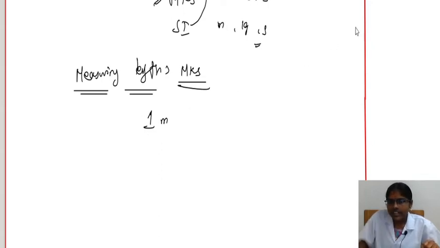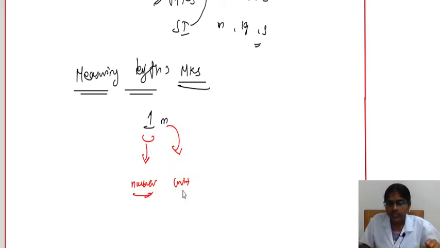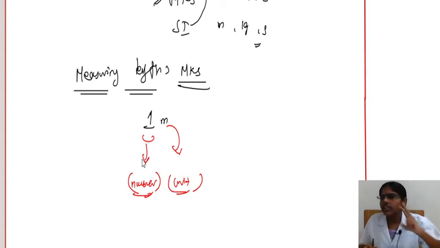What are they? A number and then a unit. We have already studied these things in the beginning of this chapter, units and measurement. Every measurement consists of two parts: one is the number, that means the numerical, and another is the unit. So one is the number here and meter is the unit here.